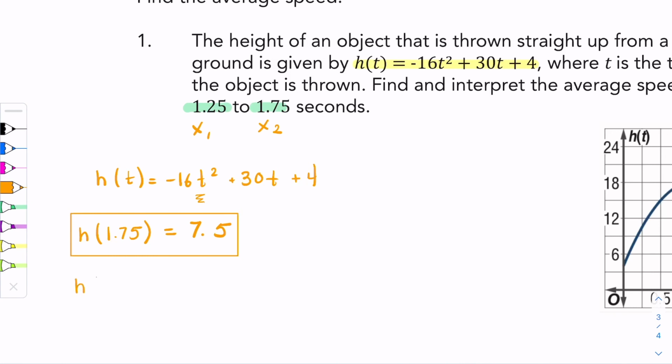When we evaluate the function at x sub 1 or 1.25, we're going to have negative 16 times 1.25 squared plus 30 times 1.25 plus 4, which gives us an output of 16.5.